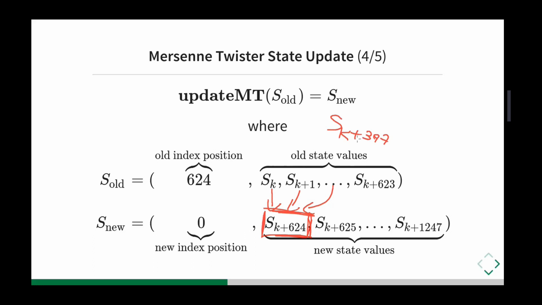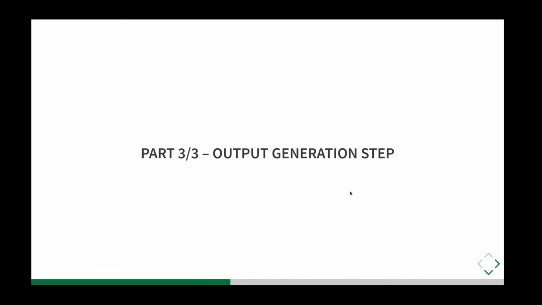We combine them with other constants, but in the function, this is how they are related. This also works for the next one: we will use S_(k+1), S_(k+2), and the other. So each one is made up of three previous values, combined in particular ways.